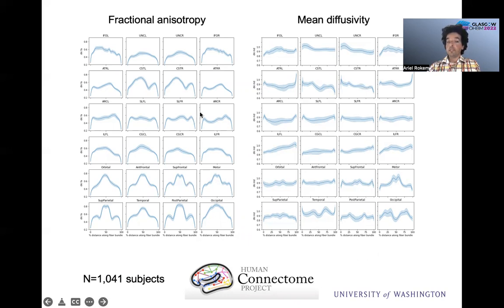And the systematic variability suggests to us that it's worth looking along the length of the bundle instead of, for example, averaging the properties of the entire bundle. Because if, for example, you were to take the superior longitudinal fasciculus here, and you would average this, you would miss the fact that it goes up and then down and then up again and then down again.